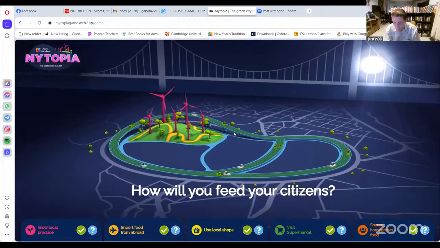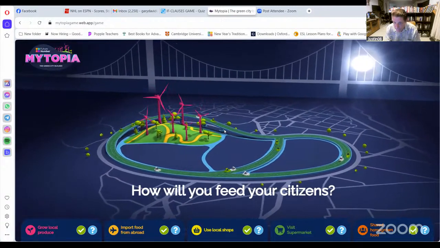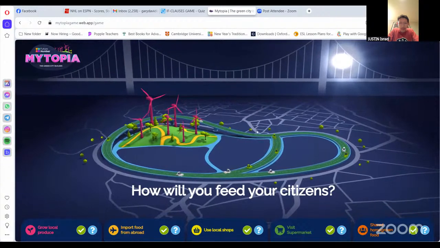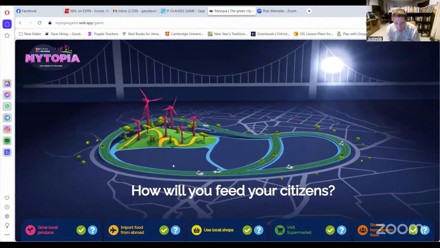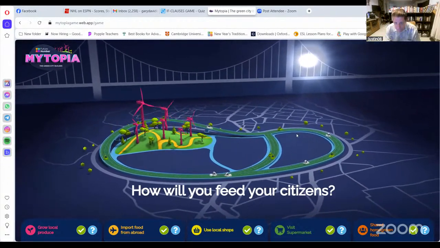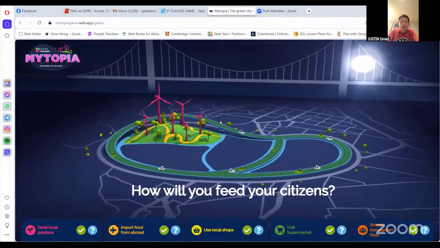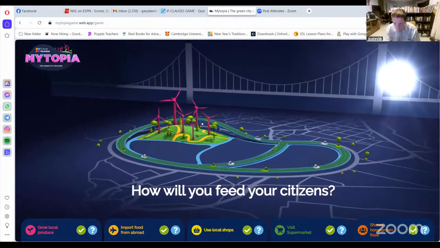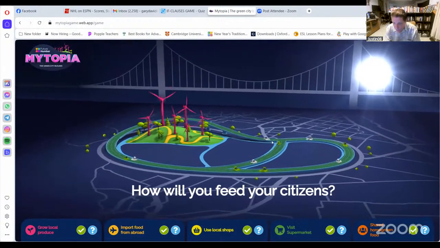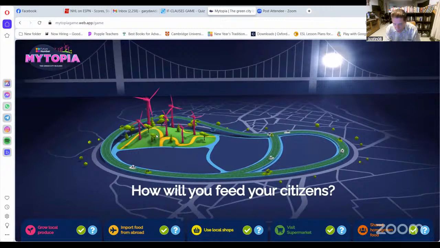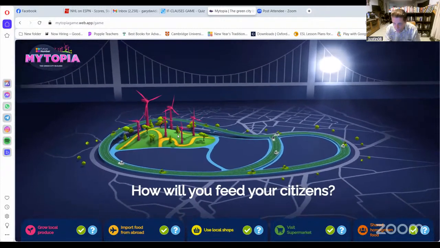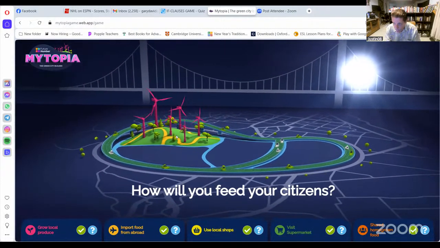Like we won't need to use gas stations anymore, right? Yes. So instead of gas stations, what will these cars need? They would need electricity from the wind power from the windmill. Right. So does that mean that all the cars have to come over here to the wind farm and get their energy from the wind farm, or can they go somewhere else?